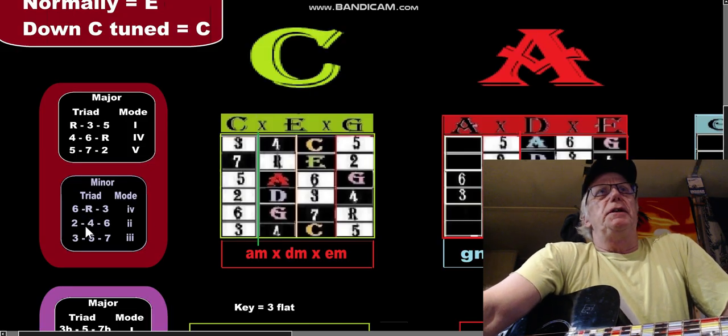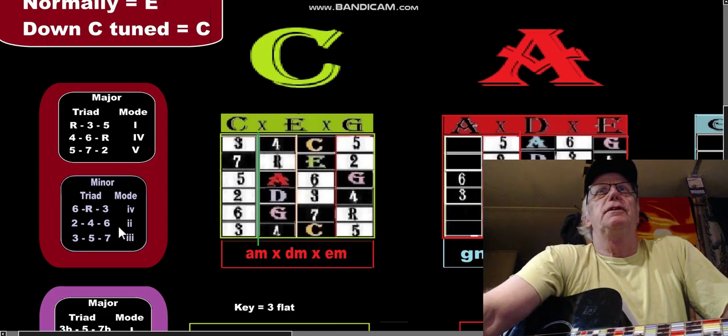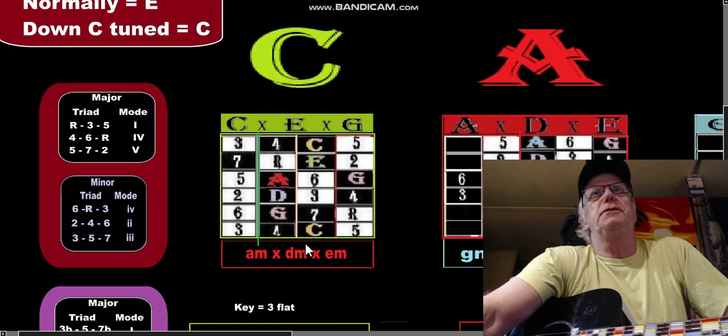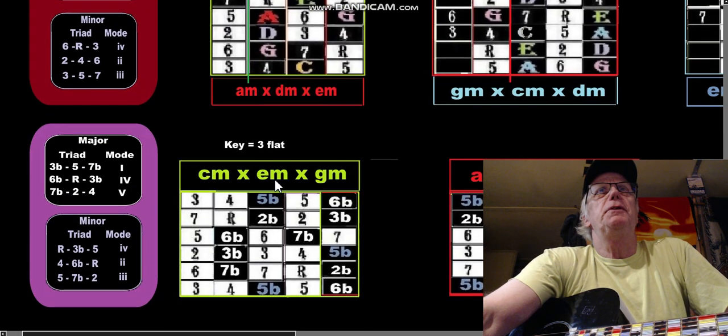The second minor is 2 minor, 2, 4, 6. It is going to be in the D minor shape now. Going from the E minor to the D minor, remember in cage word, E goes to D minor. Now this is going to work for the cages, but when we get down to the minors, I stripped off any labeling right here because it was getting confusing.